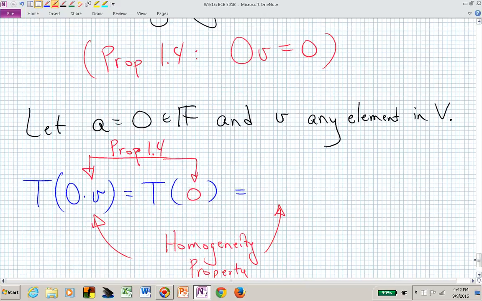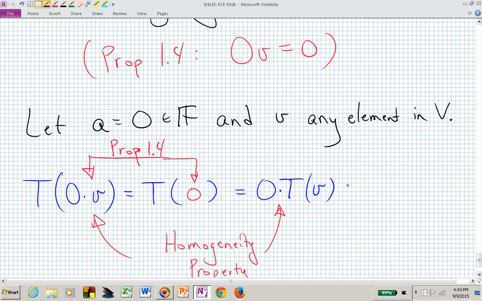Meaning this needs to be then 0 T of V. But T of V is a vector in the output vector space, scaled by 0.